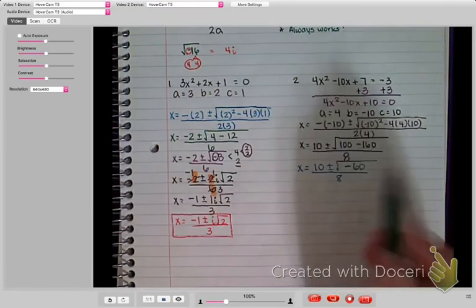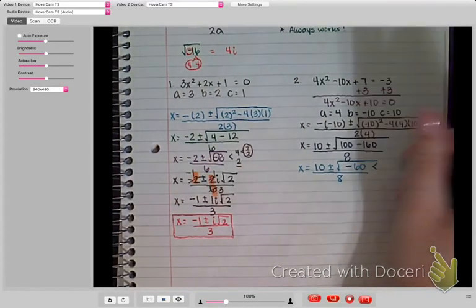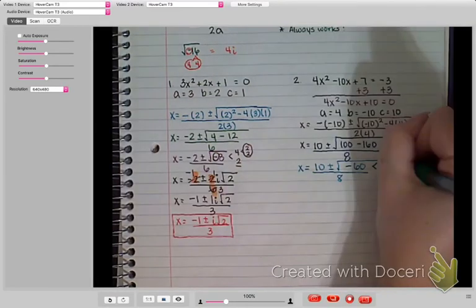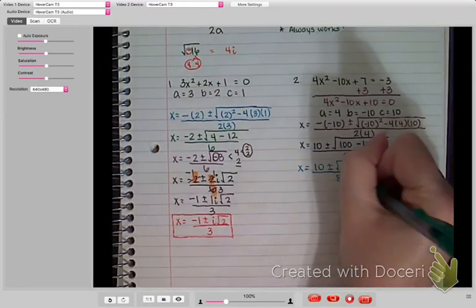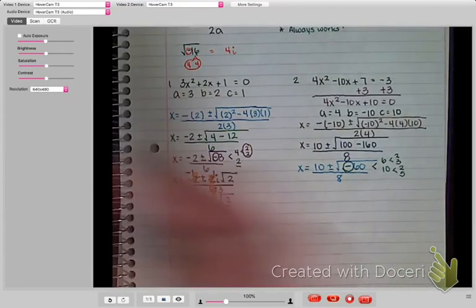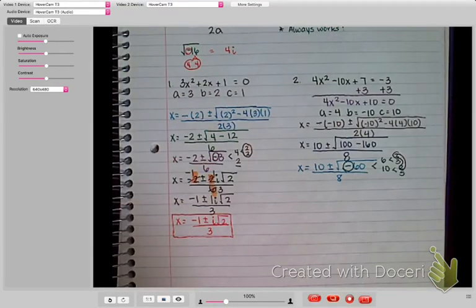Okay, at this point, I'm going to simplify my radical. So two numbers that multiply to 60 are 6 and 10. 6 breaks down to 2 and 3. 10 breaks down to 2 and 5. And don't forget that negative that you have inside as well. Okay, so here I have a pair of 2's. They don't have to be right next to each other, but I have a pair of 2's.